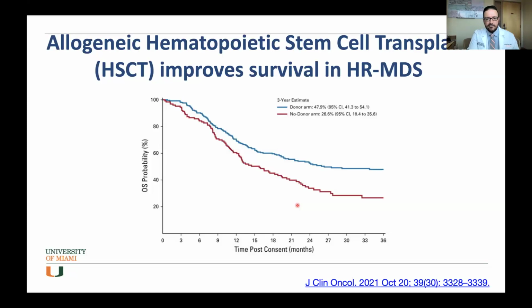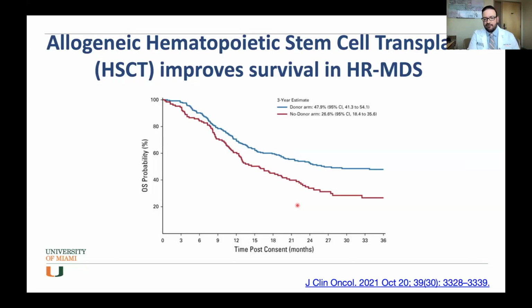That's called graft versus leukemia effect, because we steal the terminology from leukemia, but it's graft versus MDS effect. So bone marrow transplant is one of the curative treatments for MDS.